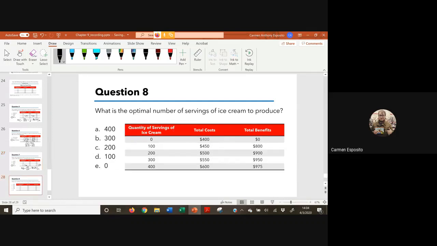And so what is the optimal number of servings to produce? Remember, we want to know, when does MC equal MB? Well, let's just look at the change in cost and the change in benefit. Well, we know this is constant, so I'm just going to do it for us.